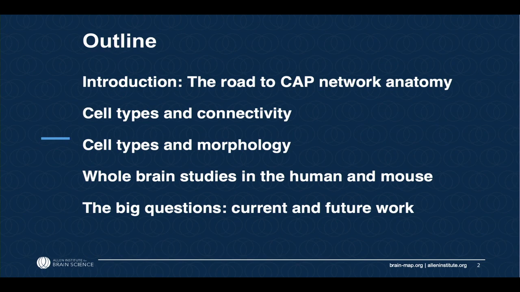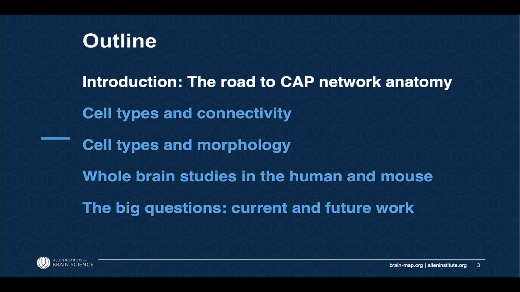Then cell types and connectivity, cell types and morphology, a new research program that has been sort of a glimmer in the back of my mind for 5-6 years now, but it's really happening finally. And then ending with some big questions that we're poised to answer really right now, but over the coming years. So first, the introduction, again, that I'll try to go through fairly quickly because it's largely historical.